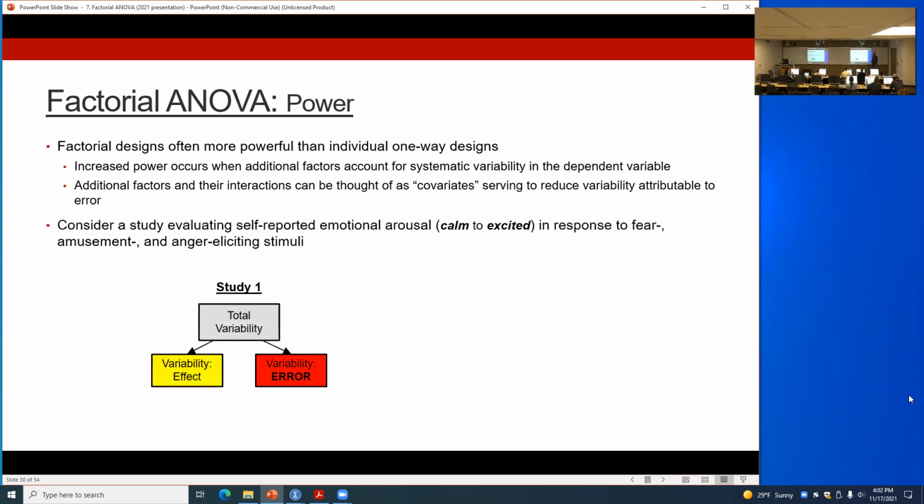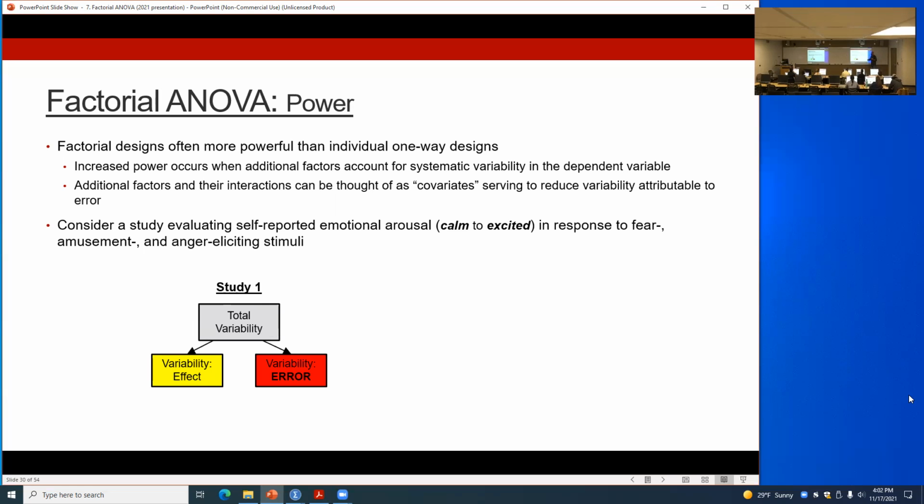And so let's say we've got a study looking at self-reported arousal, calm to excited, in response to a fear, amusement, and anger eliciting film stimuli. We're doing some emotion research, and we want to see how people are responding in terms of excitement to these three films, right? If we just run this as a straight up one-way ANOVA, we've got film as our independent variable with 3 levels, and emotional arousal as our outcome.